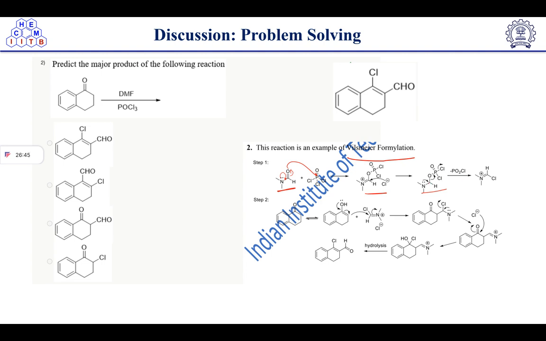Now the lone pair of nitrogen will push electrons and this whole OPOCl2 group will knock out PO2Cl. Now we will get this intermediate.